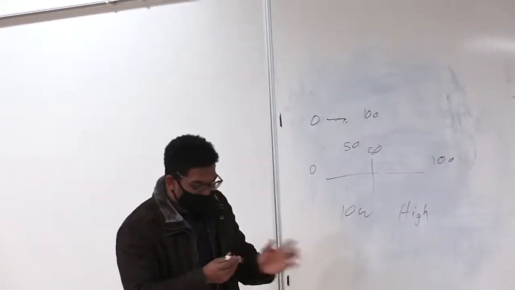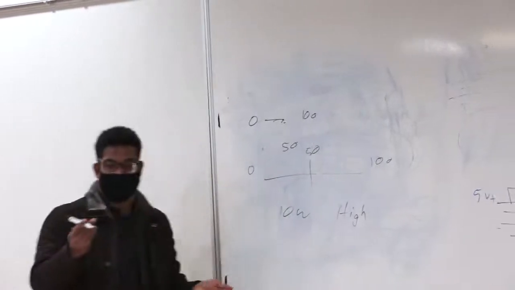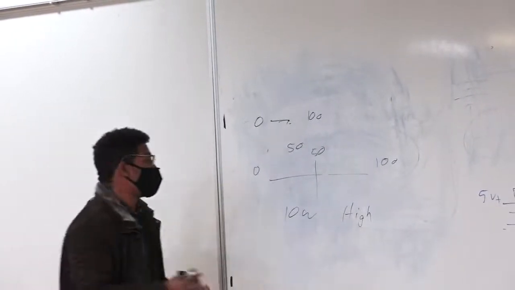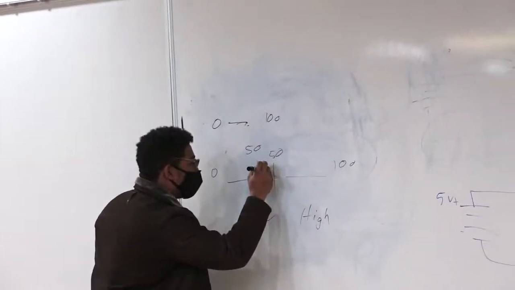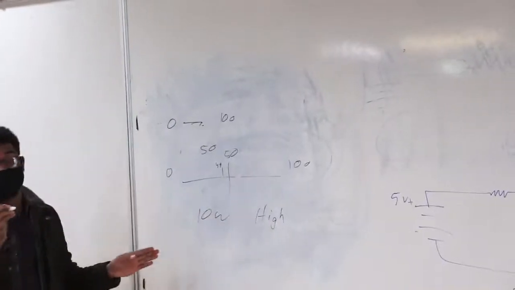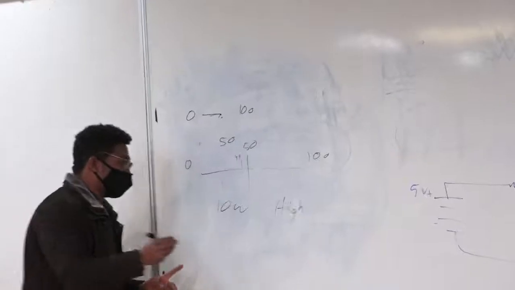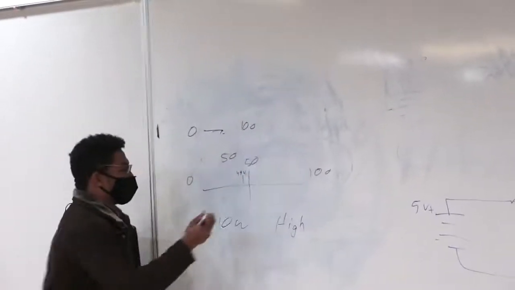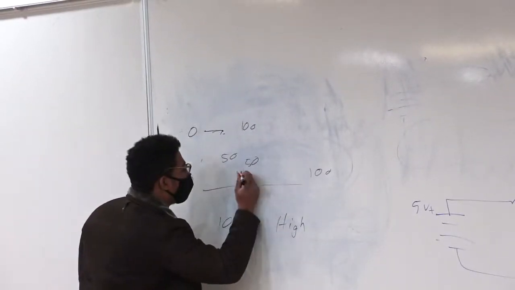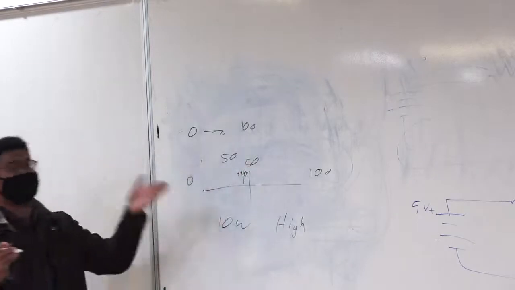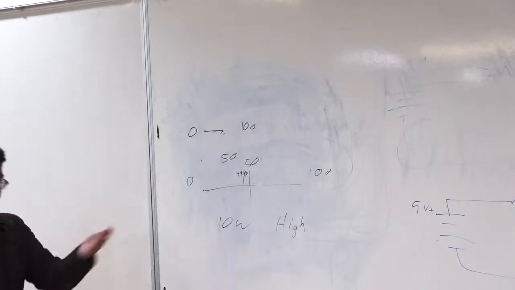Let's say I have an analog voltage of about, I chose very bad numbers because 45 volts should not be in your computer to my knowledge. Let's say I have an analog voltage of 49.9 volts. Is that a high or a low? Low. Exactly.